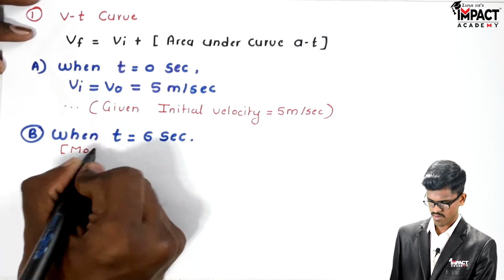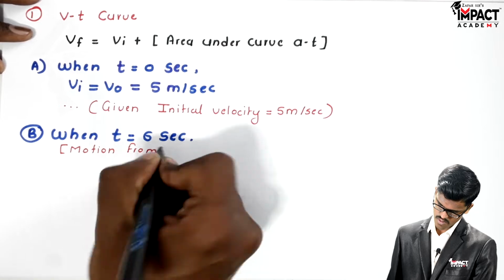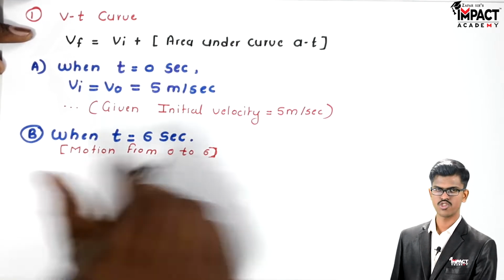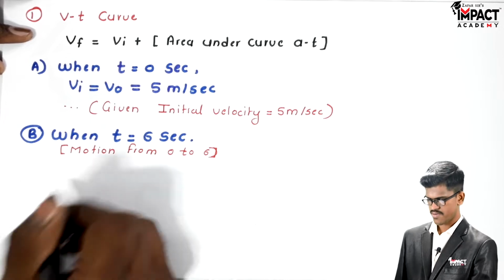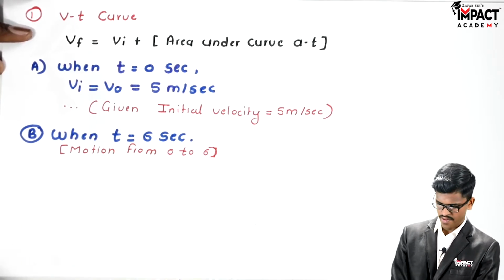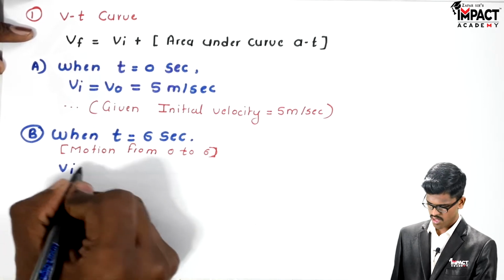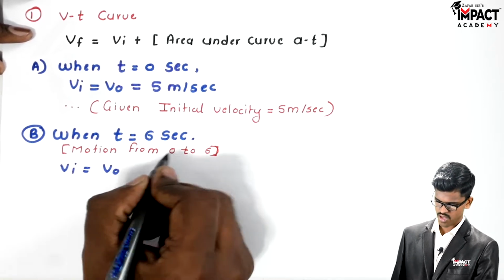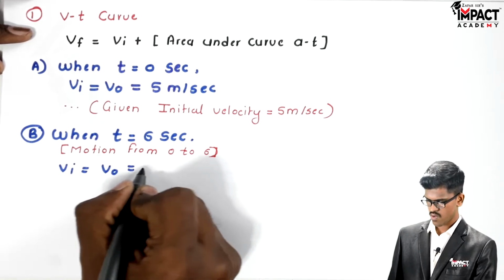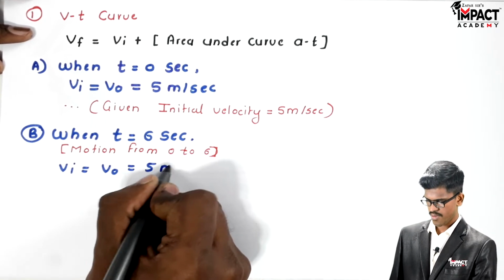Here the initial velocity Vi will be V naught, because we start the motion from 0 seconds. So V naught is equal to 5 meter per second.